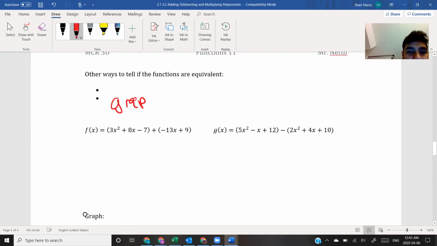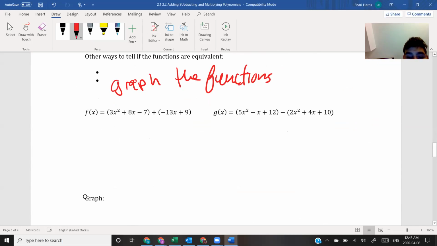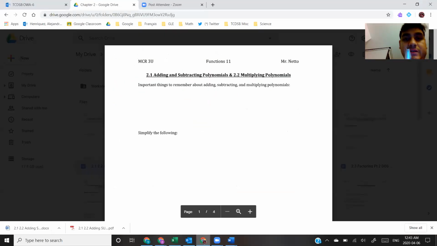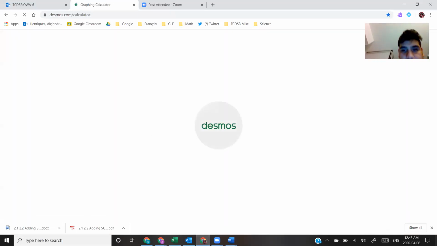You could graph the functions to tell if they are equivalent. All right, so let's jump on Desmos real quick.